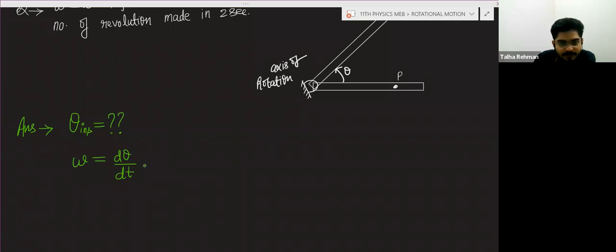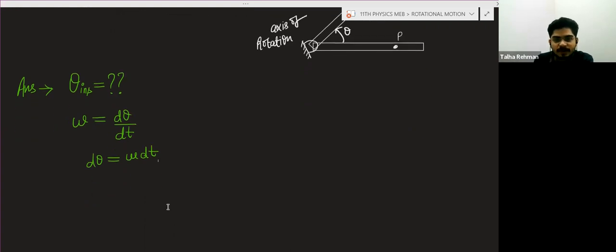So we can write this equation: d theta is equal to omega into dt. So there is a requirement of integration to find this theta, so we will do integration on both sides.